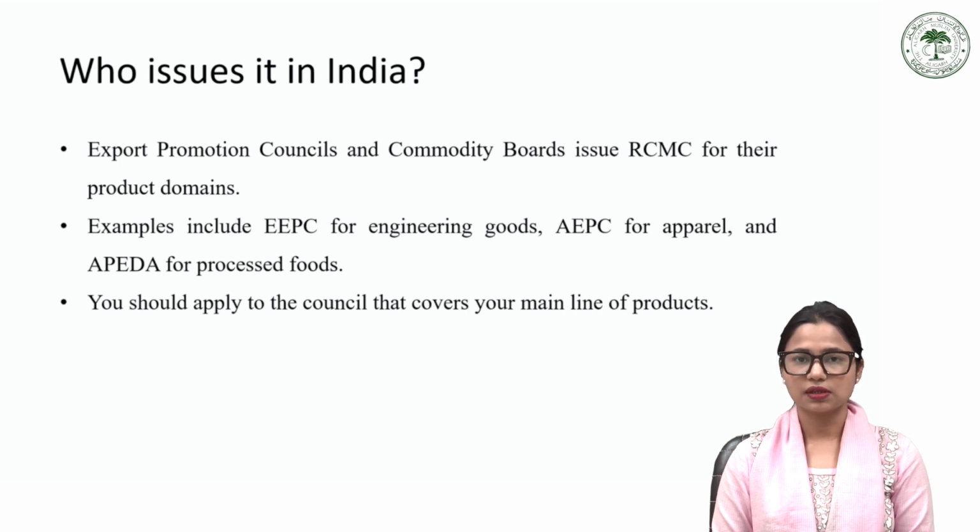This simply means that a Chemical Export Promotion Council will only issue RCMC for an exporter who is involved in the exports of chemical goods only, or CAPEXIL, the Chemical and Allied Products Export Promotion Council, will only be issuing RCMC for an exporter who exports in the specified domain.